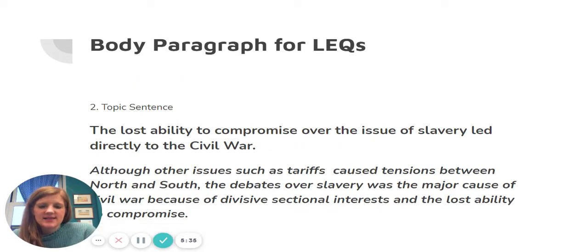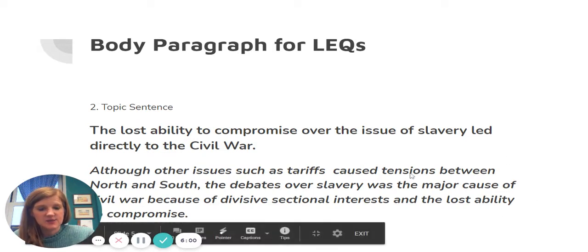All right, so what kinds of things do body paragraphs have? If you're trying to get contextualization and thesis in your introduction, what are you trying to get in your body paragraphs? Well, you 100% want to start with a topic sentence. It does not give you any points, but I would argue that it's one of the most important parts of your body paragraph, because it organizes your thoughts and it allows the reader to know, okay, this is the argument for this paragraph.